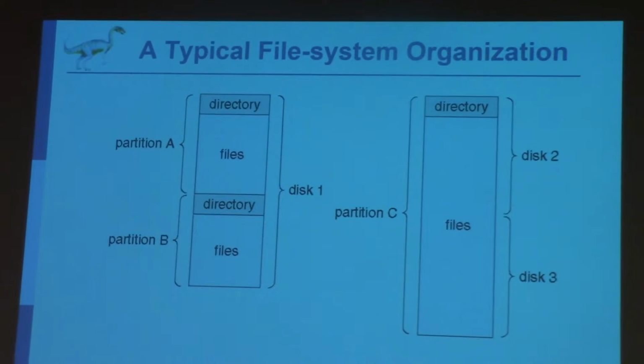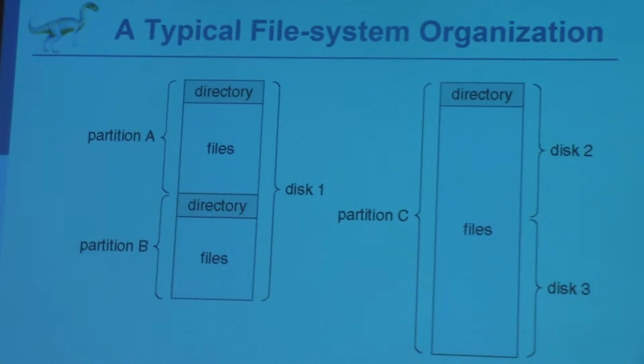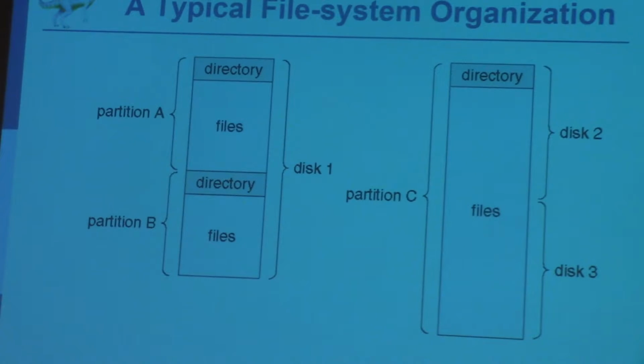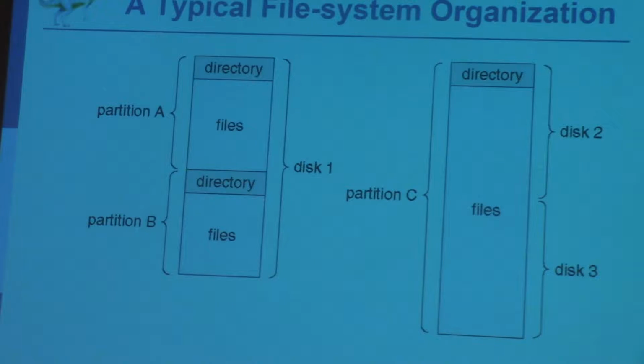So we can divide the one physical disk, a hard disk drive, for example, into a number of partitions, like C, D, E, F, or in Unix you can divide into a number of partitions. Then each partition has a number of files, and those files will be managed by the directory using what? The file system. Okay. So this is our goal, to use the directory structure as a part.